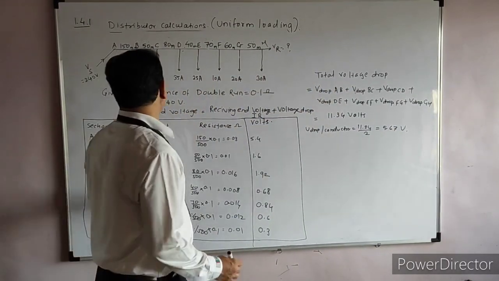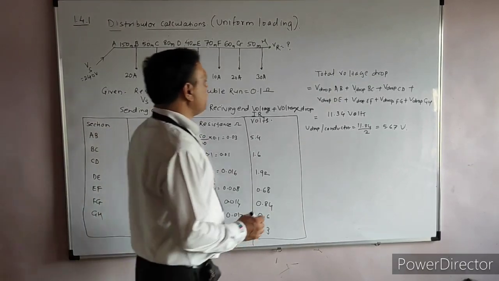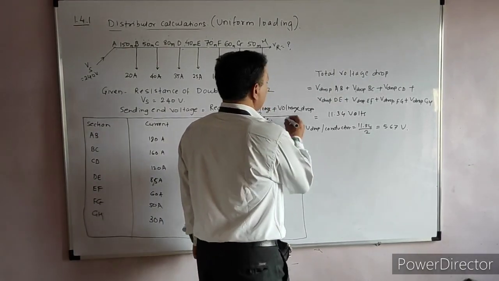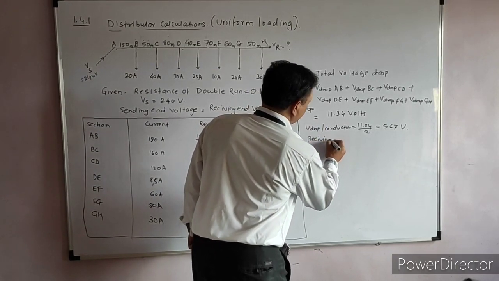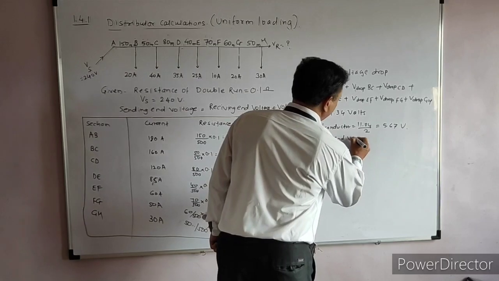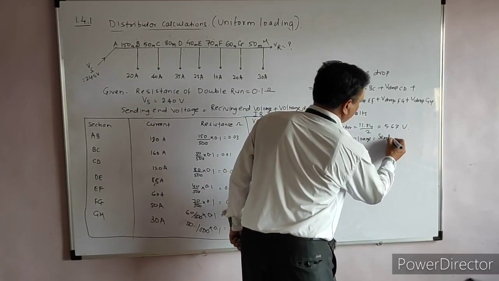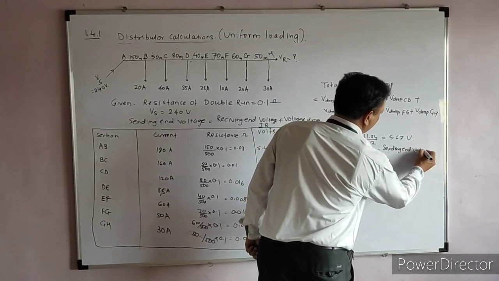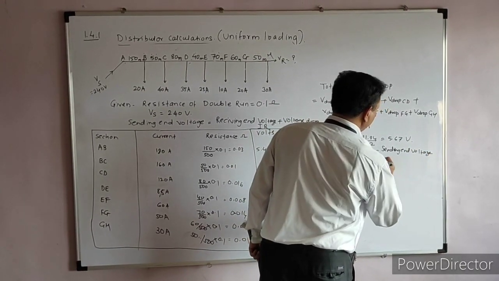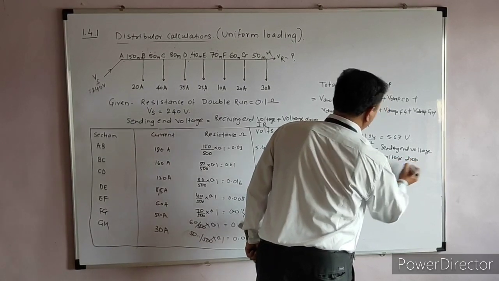Now we'll use our formula: sending end voltage is equal to receiving end voltage plus voltage drop. So receiving end voltage is equal to sending end voltage minus voltage drop.